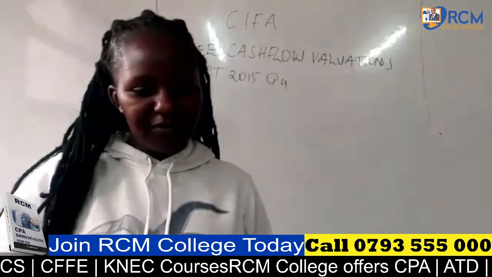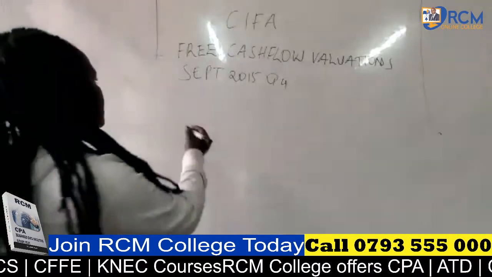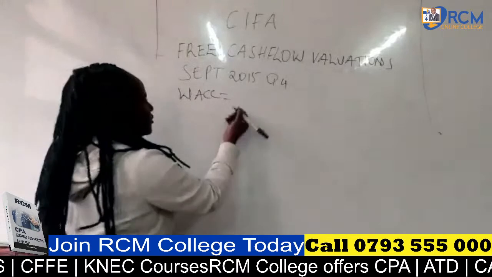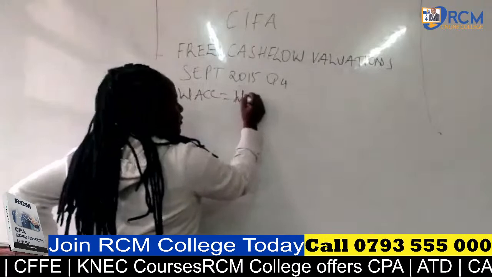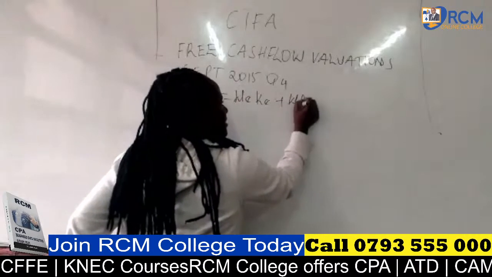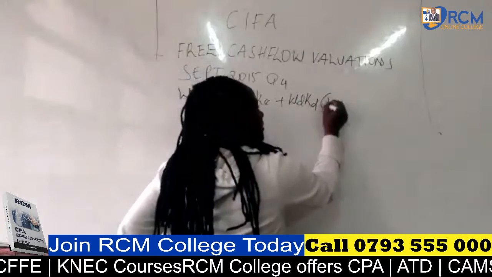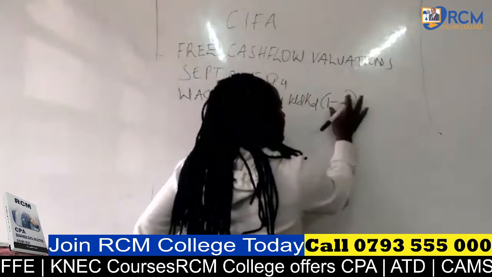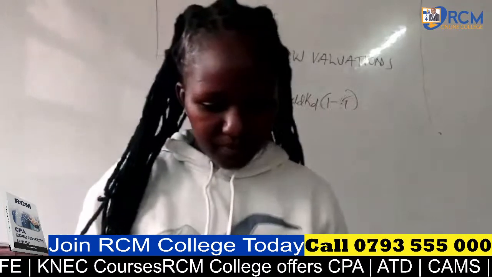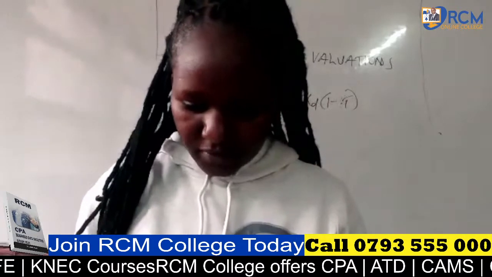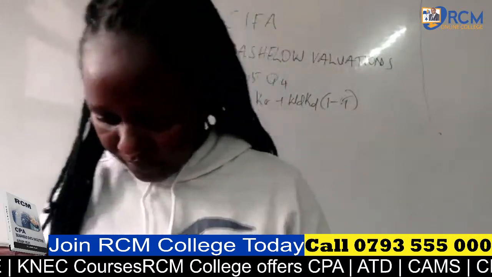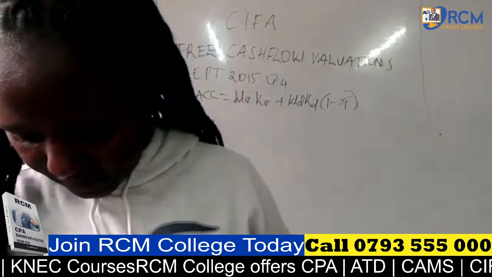So to get the weighted average cost of capital, we first write our usual formula: weight of equity times cost of equity, plus weight of debt times cost of debt, incorporating tax. Do we have the cost of equity?